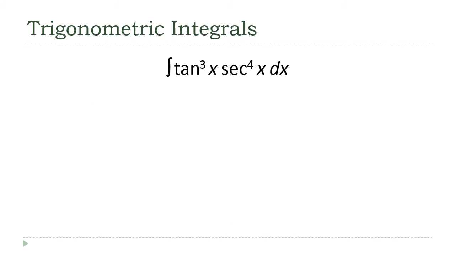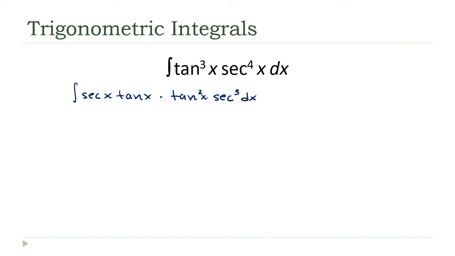So how about this one? Well, here's what I'm going to do. I'm doing something very similar to what we did with the sines and cosines. I'm going to pull off a secant and a tangent. So this will be the integral of secant x times tangent x times tangent squared times secant to the third dx.